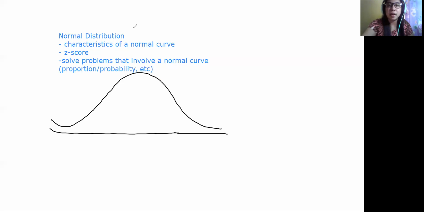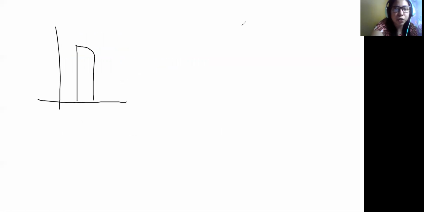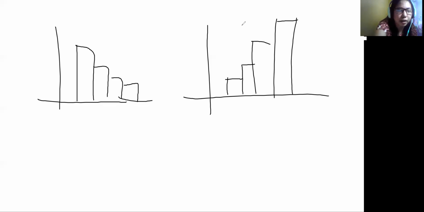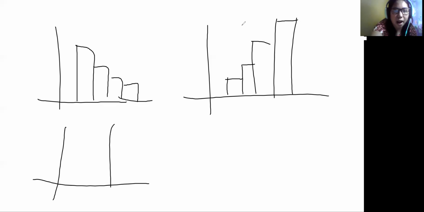So if you came up with, let's say, a graph that shows like this. So these are some of the possible histogram graphs that you might encounter, or a graph that will also look like this.